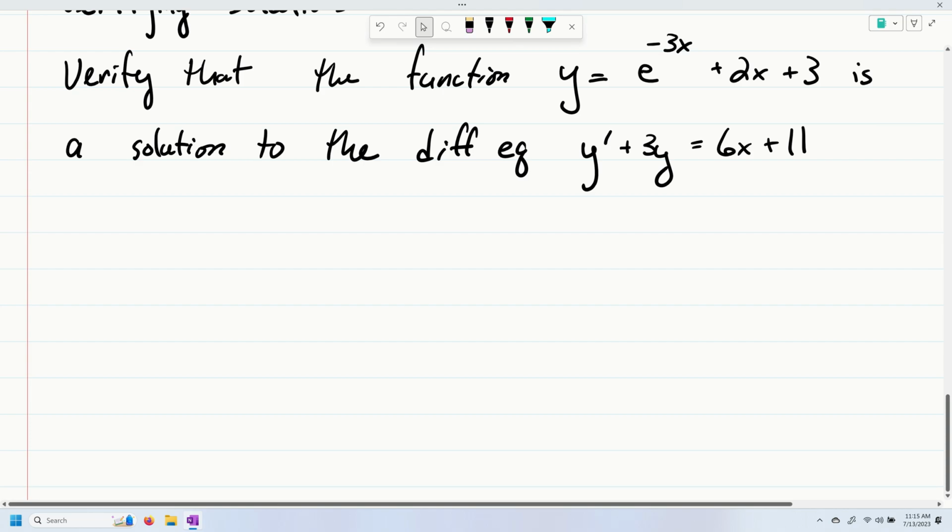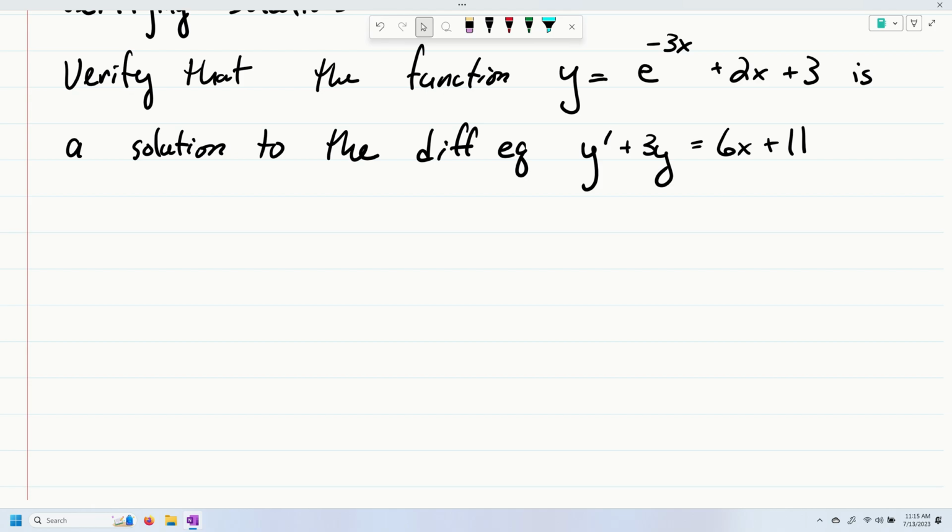Now, to verify this, remember, you're going to take this function of y, which we have right here, and its derivative, and substitute it into the equation. In other words, we need to find y prime.